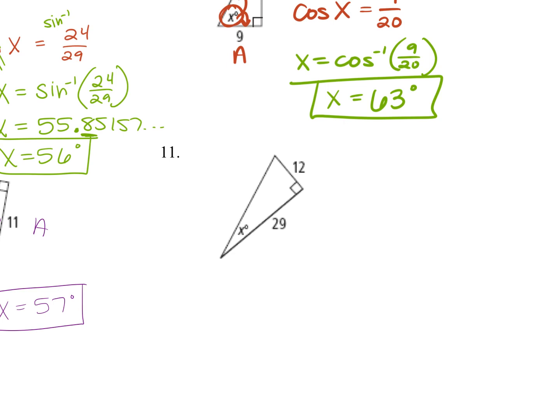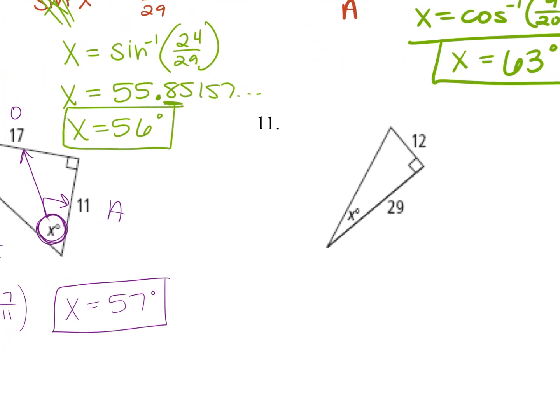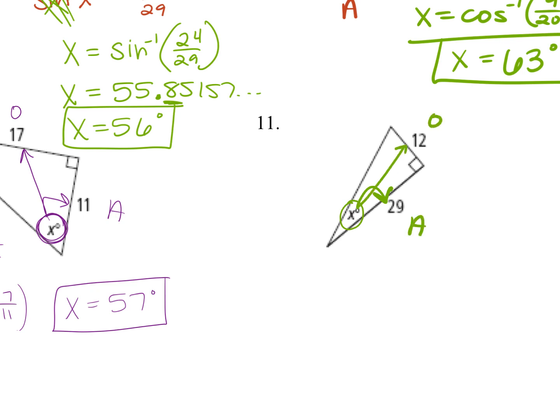Okay, so look at number 11. Where do you start? You start at X. What is this side called? The 29, that's the adjacent. What is this side called? The opposite. So which one uses opposite and adjacent? TOA, which is the tangent. Tangent of what? 12 over 29.